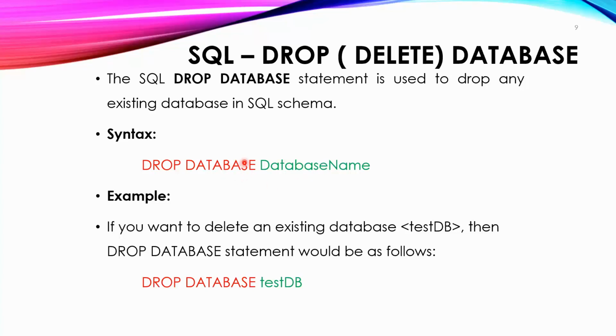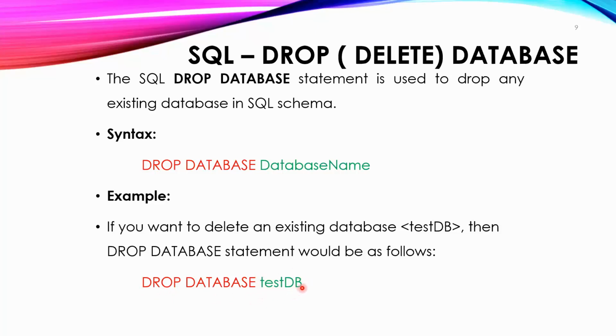There is something you have to keep in mind. That is, if you are to drop a database, there should be a database in the given name. For example, you have just created the database testdb, and after creating it, you can delete that, right? Here it mentions drop database testdb.